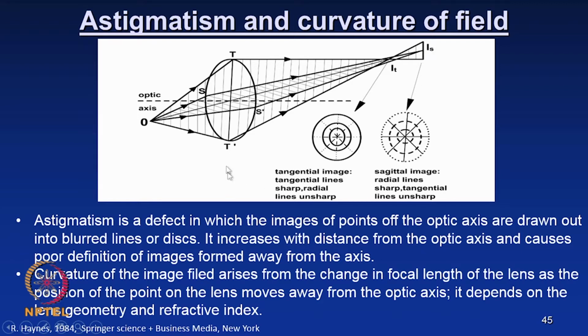So, you can see that in a tangential image, the tangential lines are sharp and then radial lines are unsharp.